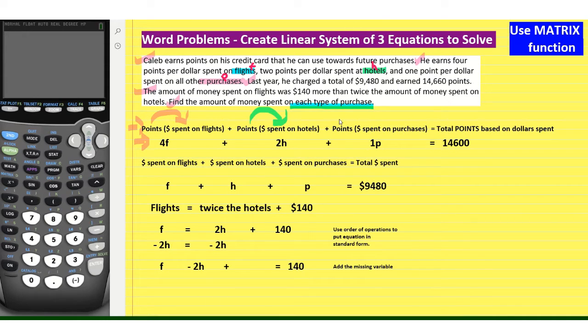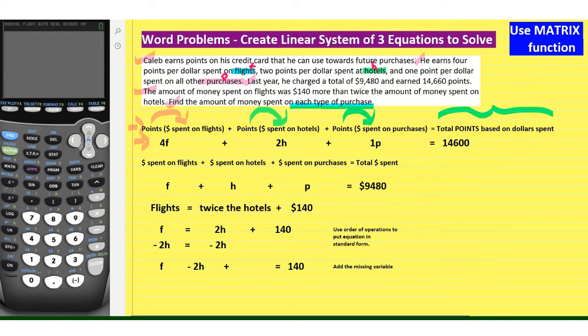And the point value that he earns for other purchases times the dollar amount that he spends on purchases will give me the total points he is going to earn on the purchases. And then if we add all those things together, that of course would give me the total points based on the dollars spent on all of those things.